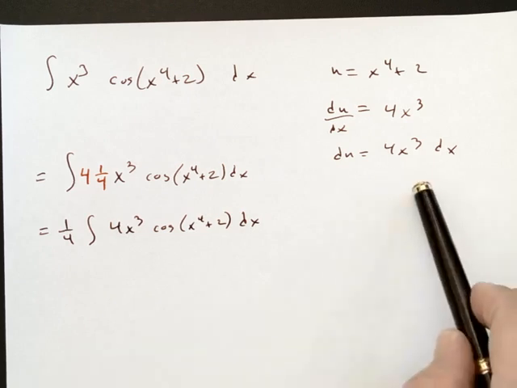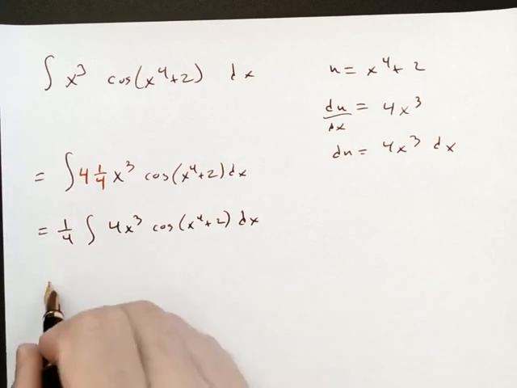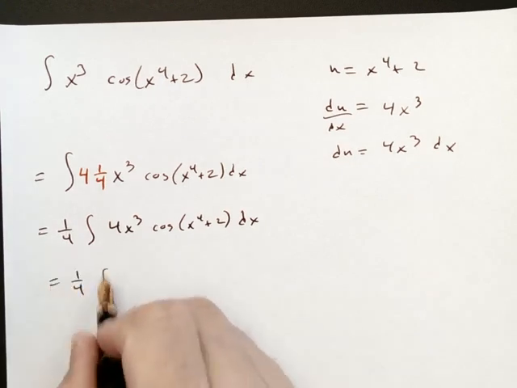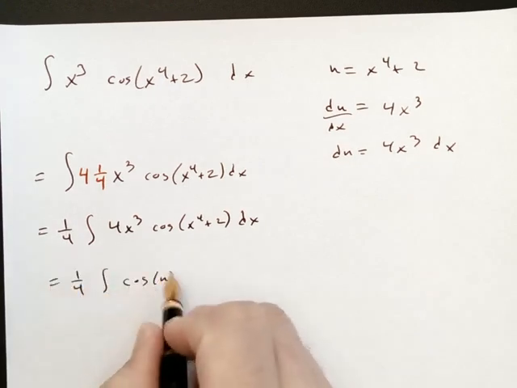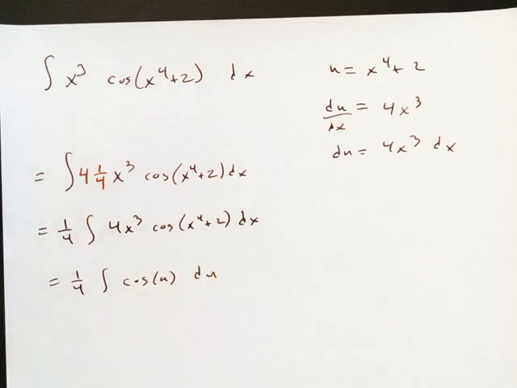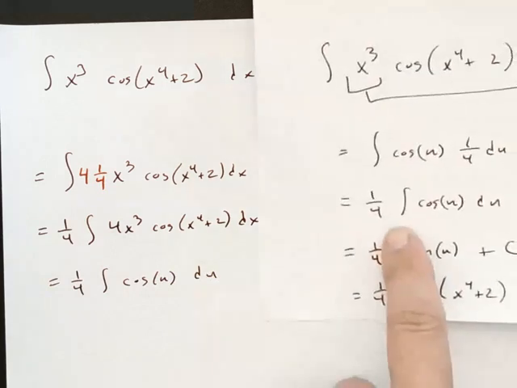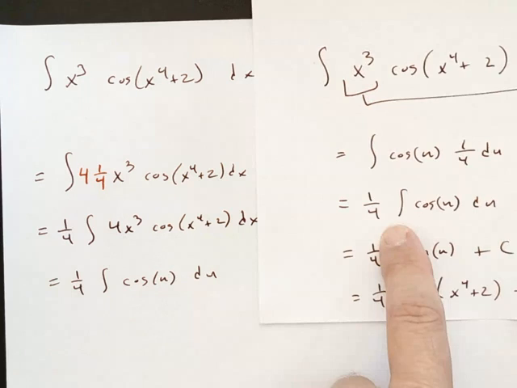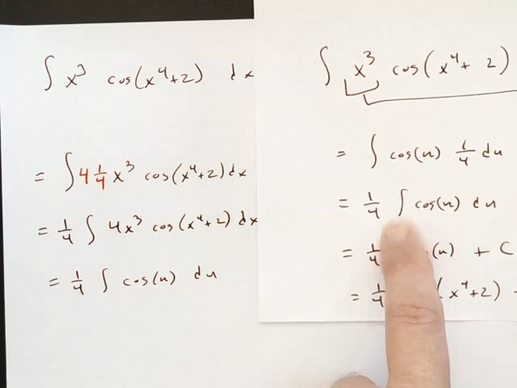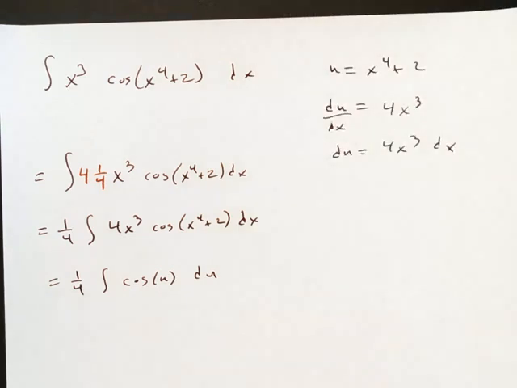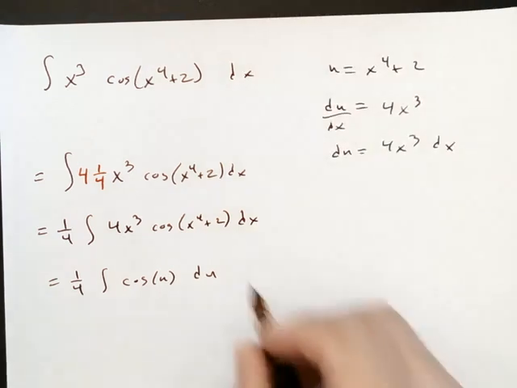I can go right in here. And notice that's exactly the same place we ended up with by manipulating the differential. And that means we're going to get exactly the same answer.